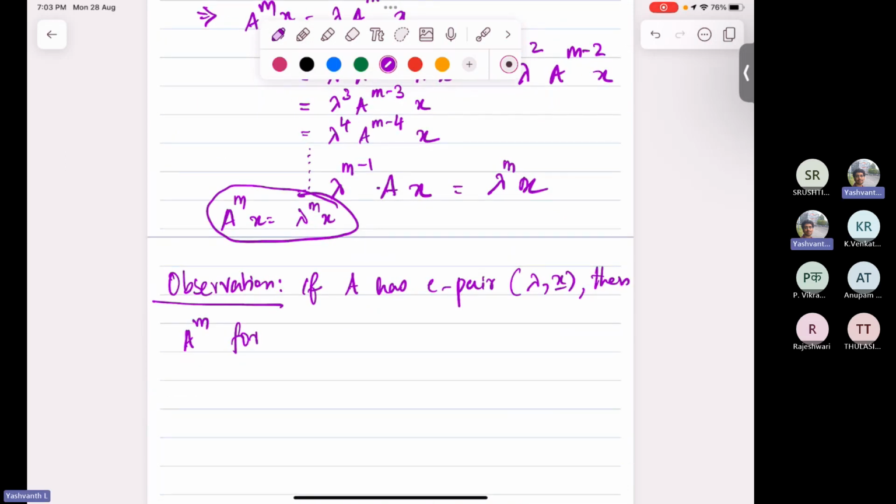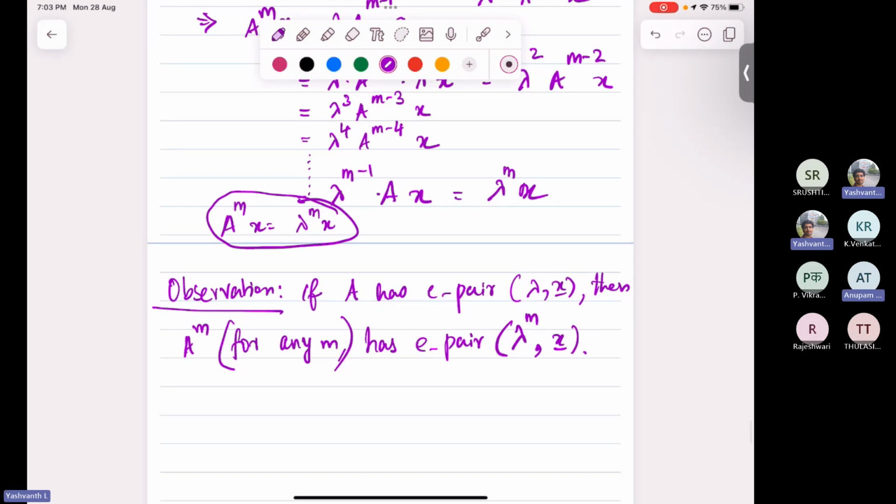Then A power m for any m has eigenpair, what is the eigenpair? Lambda power m and x. Correct. Brilliant.